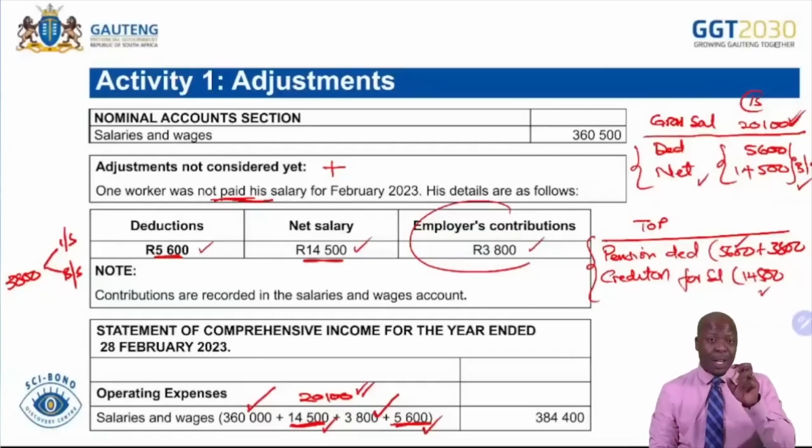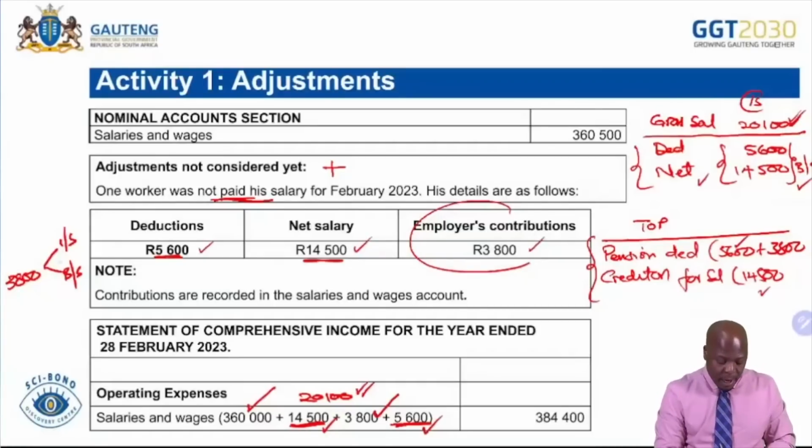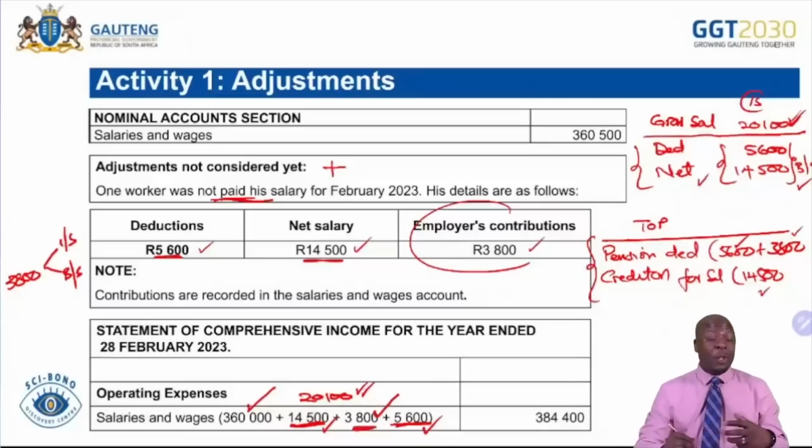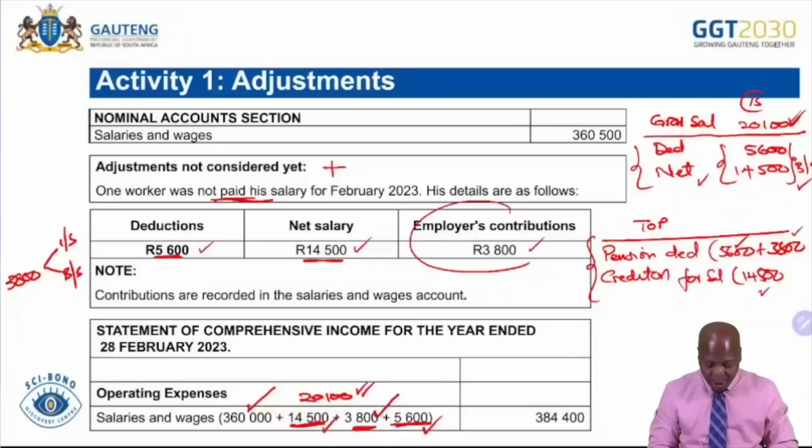And the contribution, you are dealing with it separately. It goes into the income statement and the balance sheet. As you can see here, 3.8, I also brought it here, just trying to stretch this particular adjustment so that you can have a better understanding. But according to the demands of this paper, they only wanted us to show it to this level, and this is what we're supposed to do.